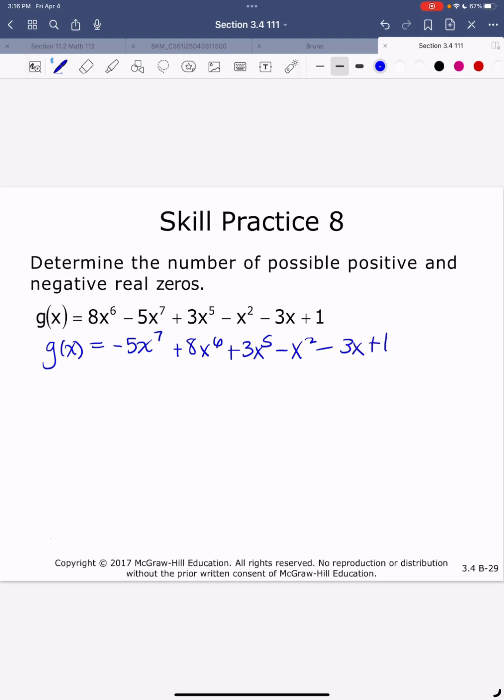Because I want to have the leading term have the highest degree. So now, when I look at sign changes, I see that I go from a negative to start to a positive. I stay positive, and then I turn negative, stay negative, turn positive. So I can see here that I have 3 sign changes.